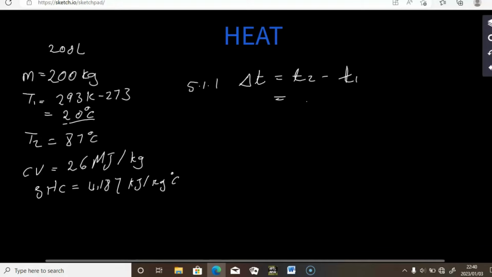Therefore, it will be 87 minus 20, which will give us 67 degrees Celsius. And then we move to 5.1.2.